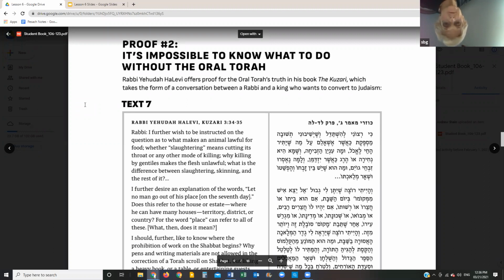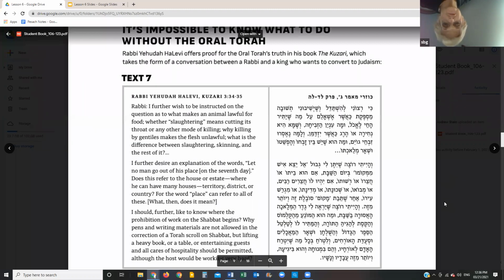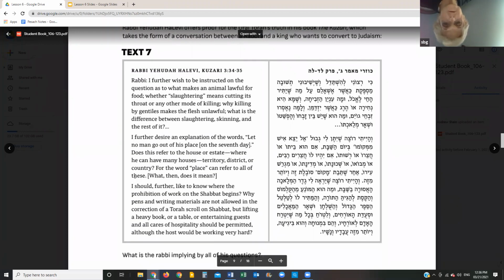I further desire an explanation of the words, let no man go out of his place on the 7th day. Does this refer to the house or estate, where we can have many houses, territory, district, or country? For the word place can refer to all of these. What then does it mean?